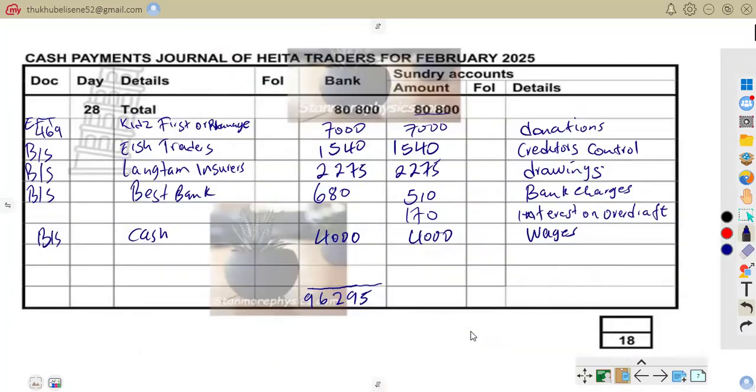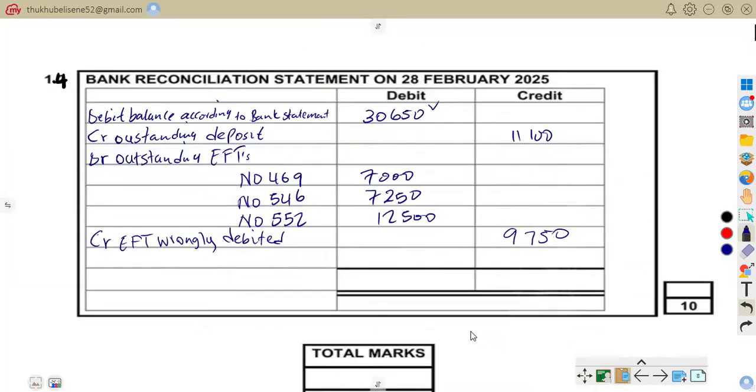So we say ATM withdrawal wages of 4,000.